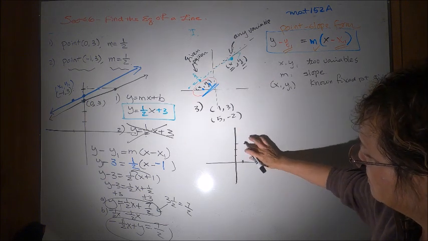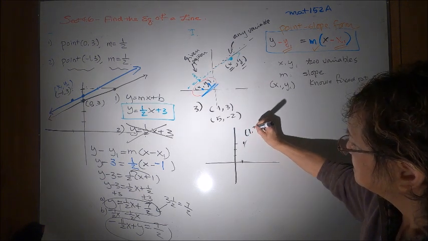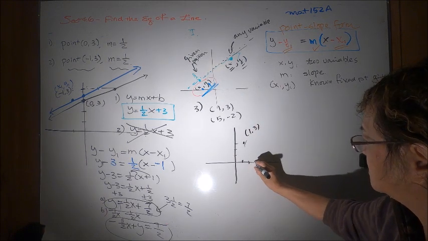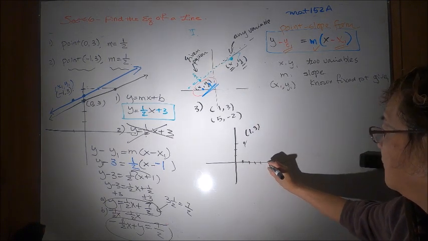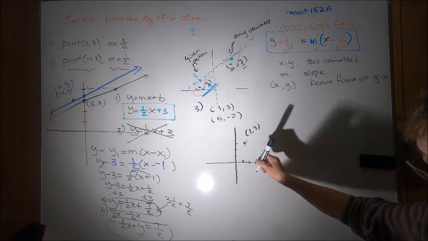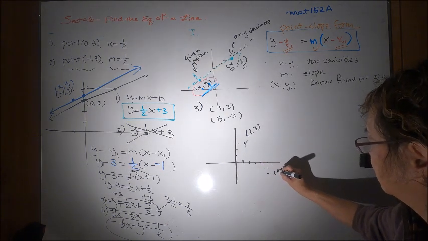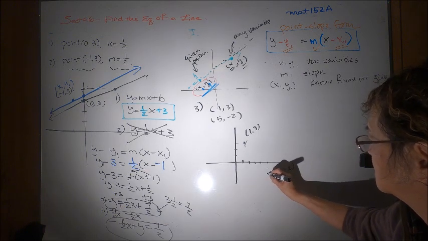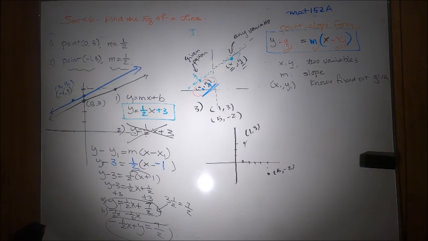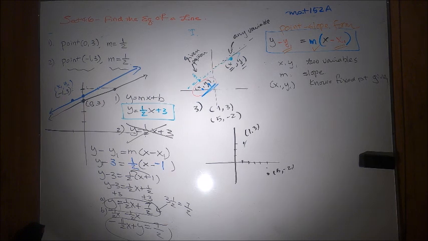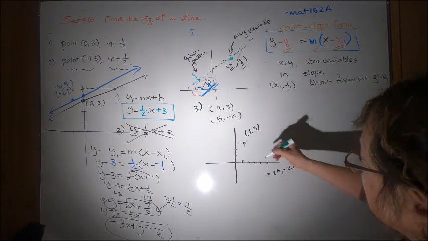Right here. Another one is (5, -2). 1, 2, 3, 4, 5, and (5, -2). Right? So your line looks like this.